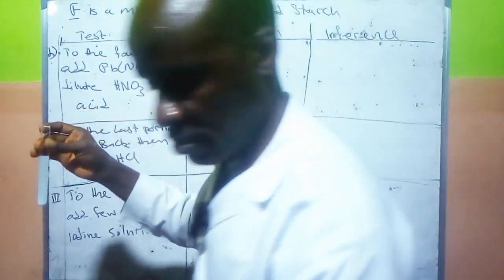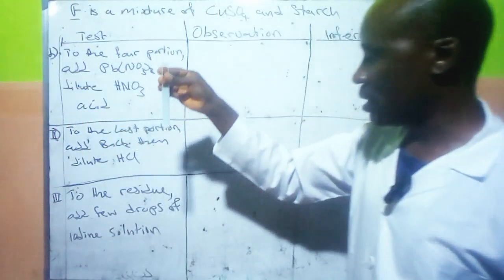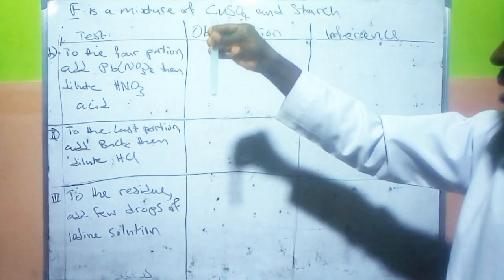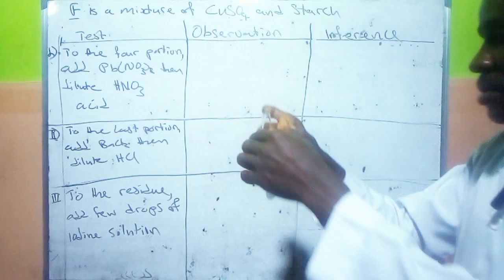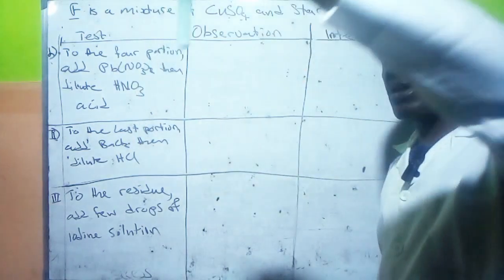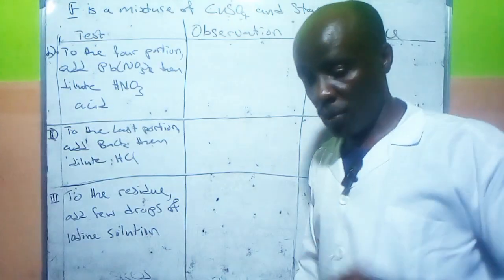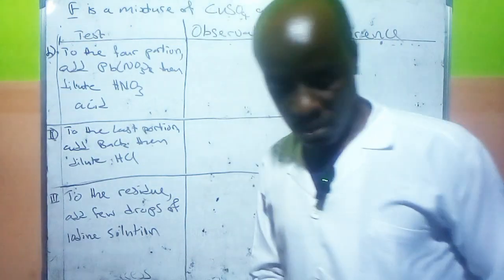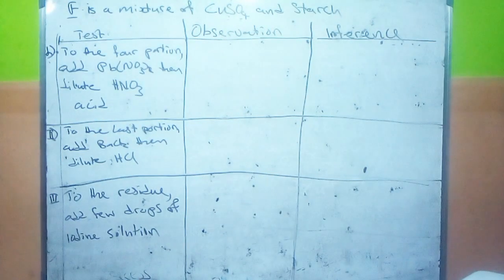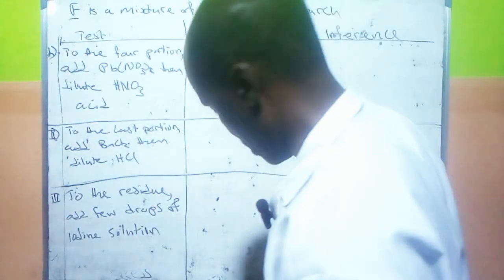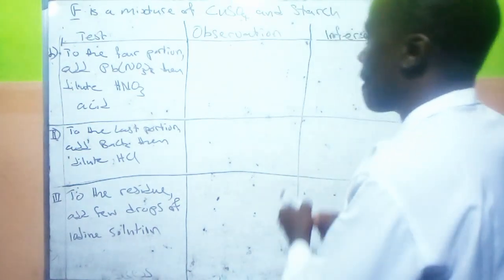You notice that the precipitate remains. On addition of this, the precipitate still remains there. So what is telling us now is that we have a white precipitate which is insoluble in dilute triazonitrate 5 acid. So what are we going to have in our observation?